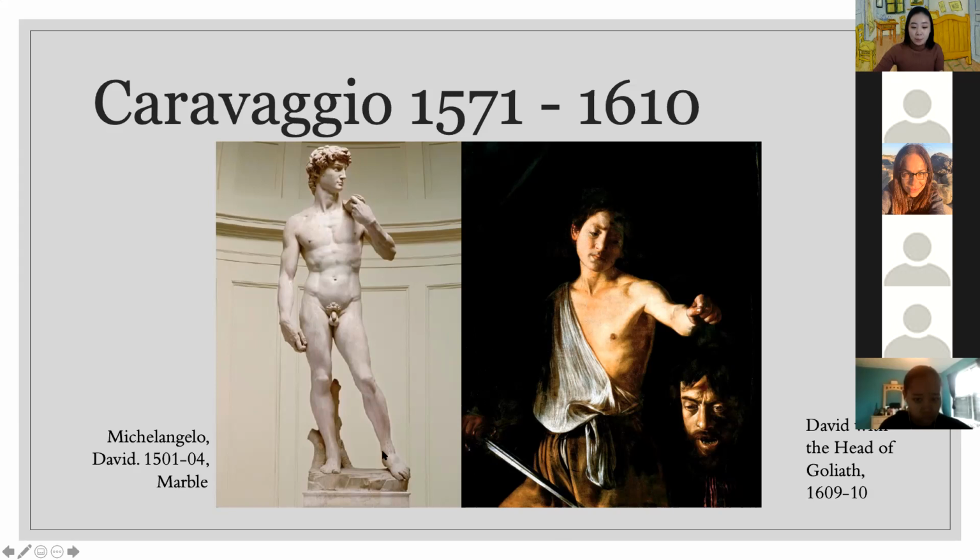So, Michelangelo's David, let's just see the Davids. Michelangelo's David is made as a hero, and he has an idealized body because he is a hero.